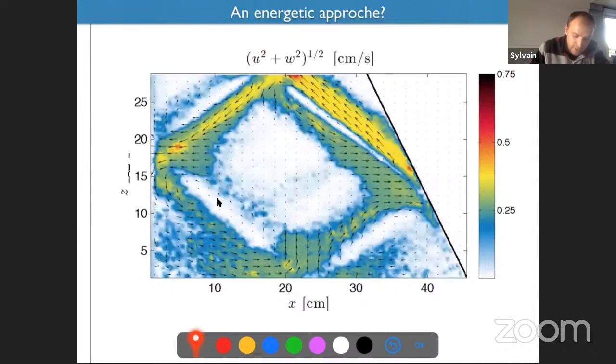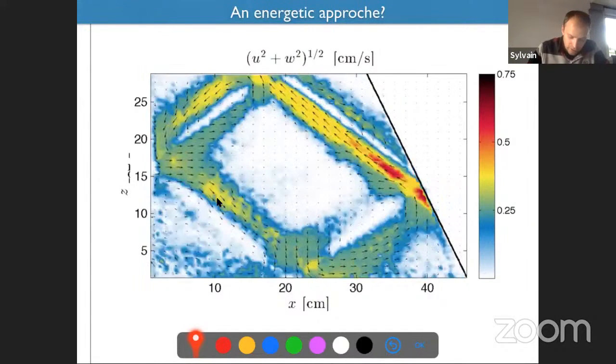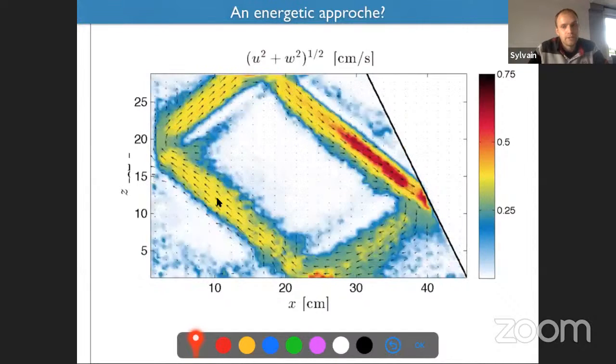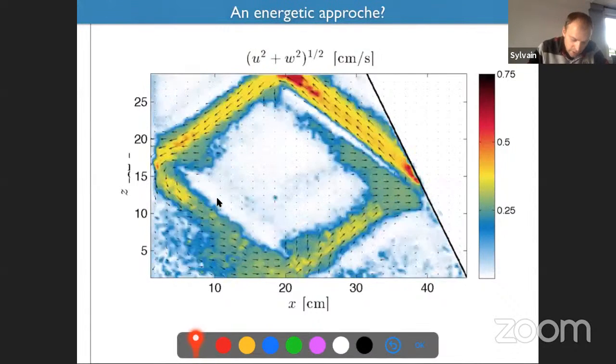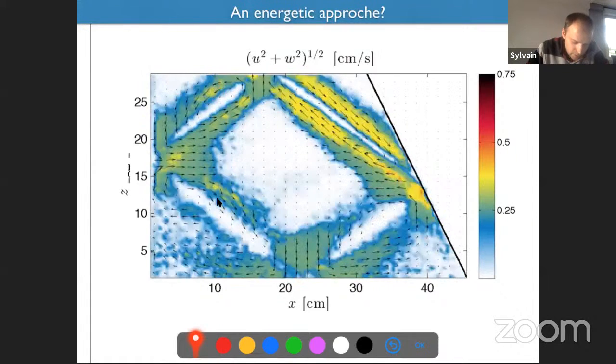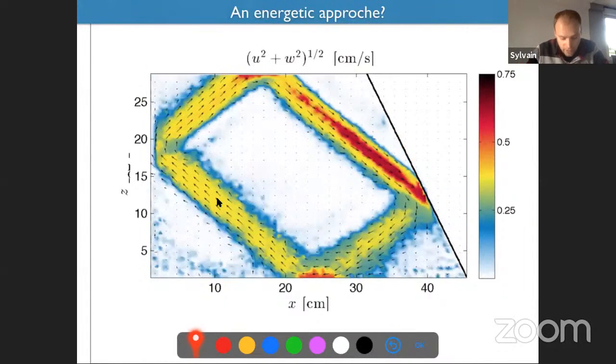U is the horizontal velocity, W the vertical velocity. White means the velocity is very small, and the color is this amplitude, and the different arrows are the direction of the local velocity.